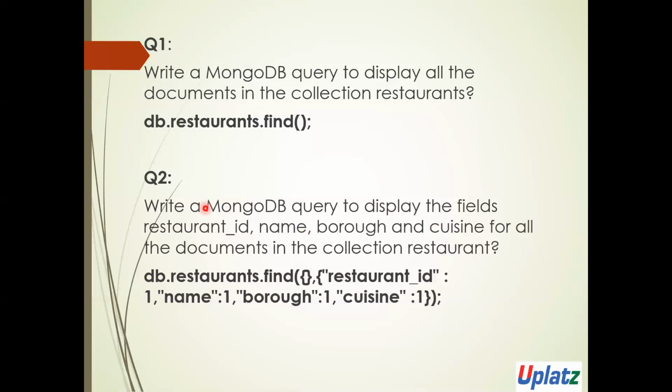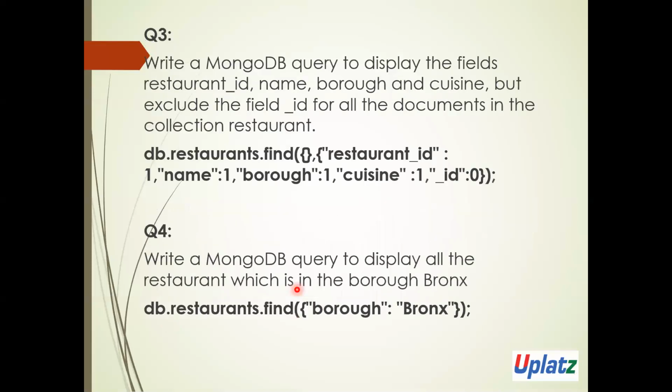These 4 fields I need to display, and the remaining fields I should not display. So I have written db.restaurant.find with an empty object, which means it will scan each and every document in our collection, and for those 4 fields I have mentioned 1. So only the 4 fields with their values will get displayed, and the remaining will not.